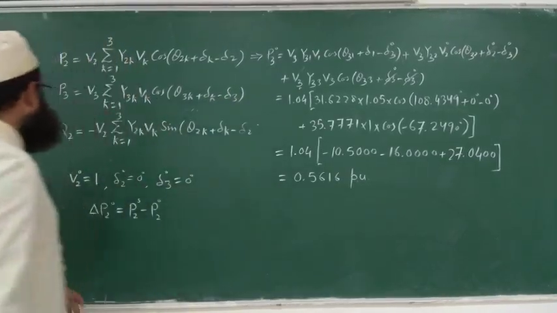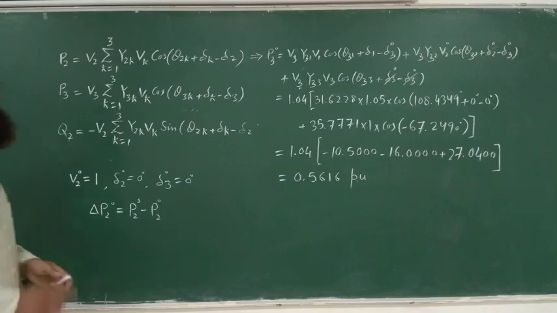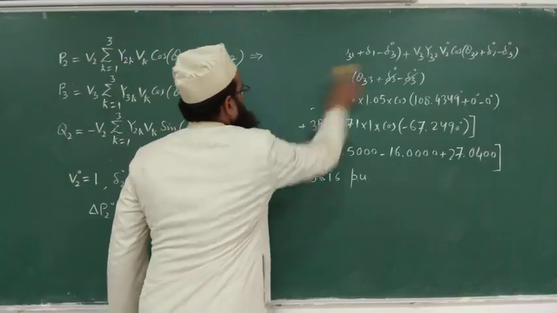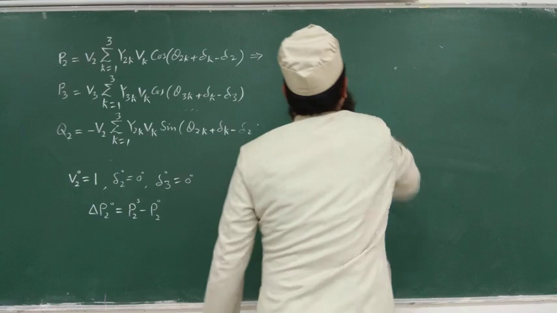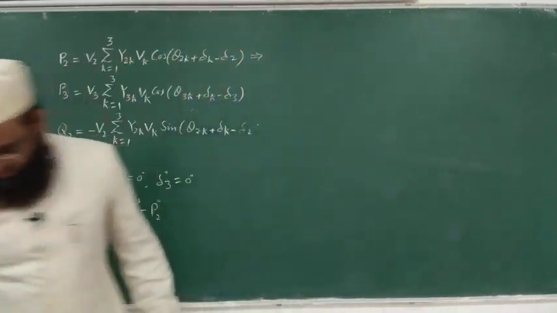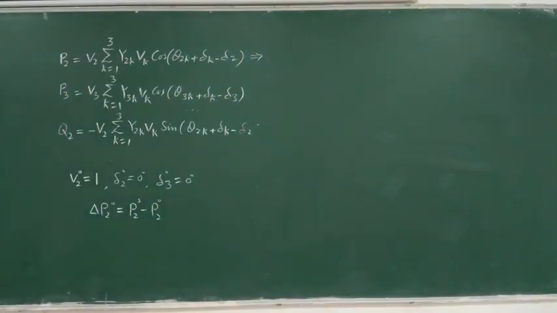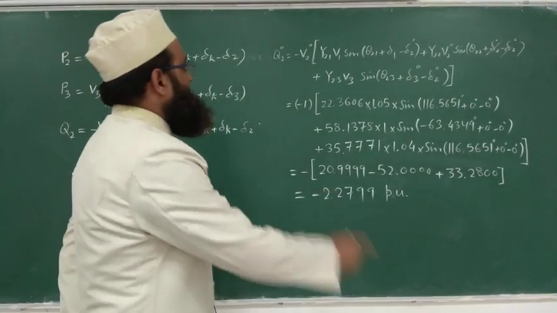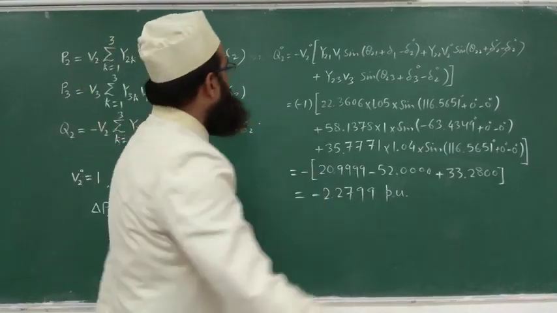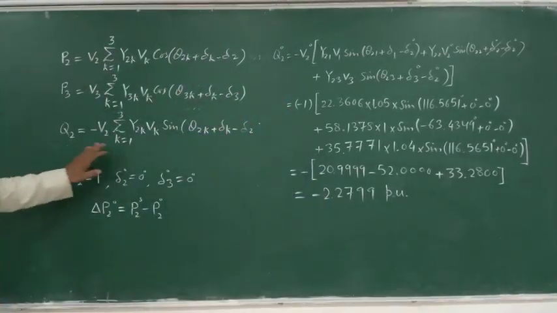Now next you have to evaluate Q2 0. So this way we can further evaluate Q2 0. The formula of Q2 is this.